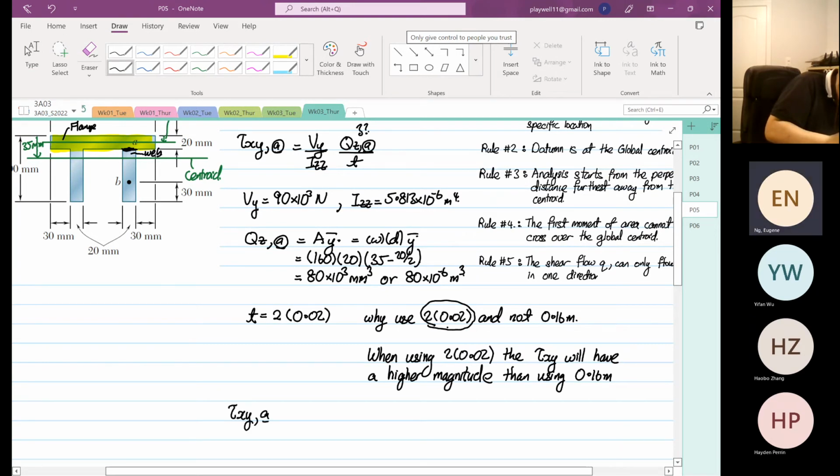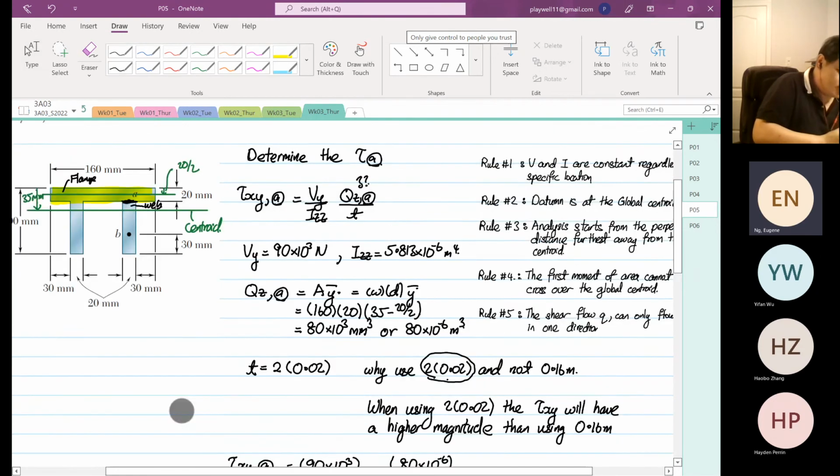So with this in mind, our shear stress at point A is equal to 90 times 10 to the power 3 divided by 5.813 times 10 to the power minus 6 multiplied by 80 times 10 to the power minus 6, and you have to go twice 0.02.